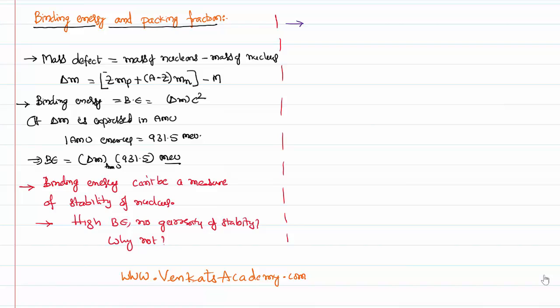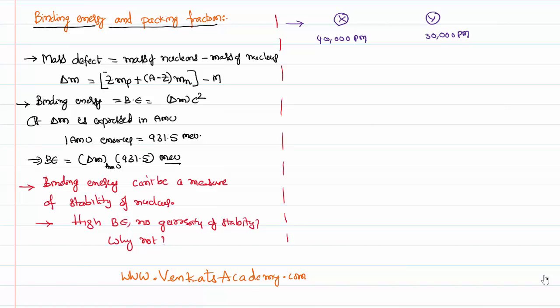In the other way, say for example, there is a person X and there is a person Y. This person is earning, say for example, something like 40,000 rupees per month. This person is earning only, say, 30,000 rupees per month.